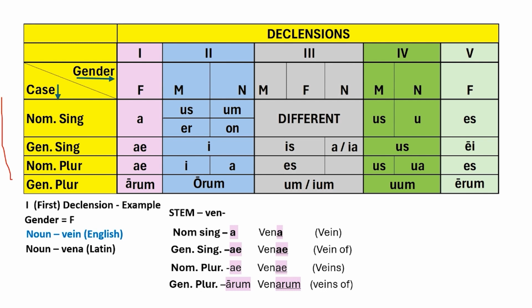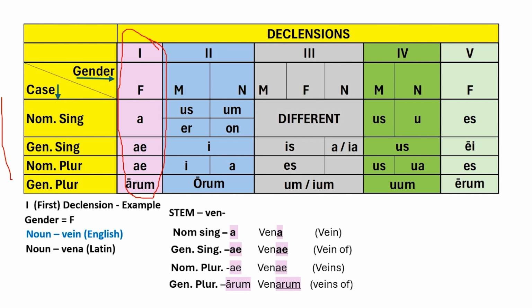If you look at this table carefully, all this row and column in pink is the first declension. All the content along with this is the first declension. Likewise, in blue is the second declension, then the third, fourth, and fifth, respectively. I have color coded it just for memory purposes.